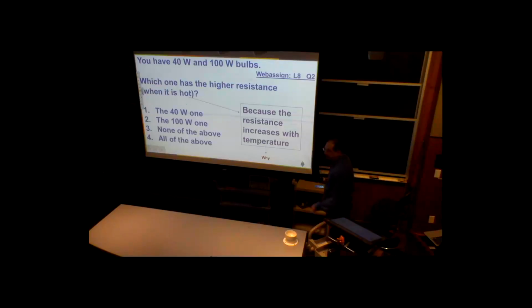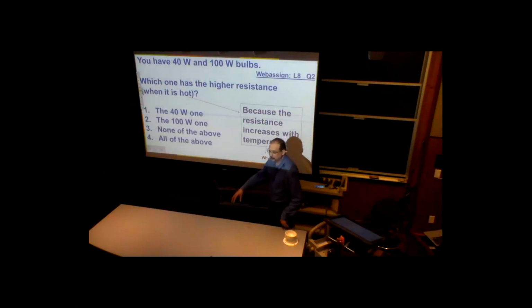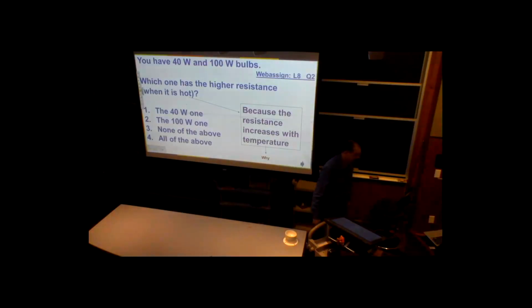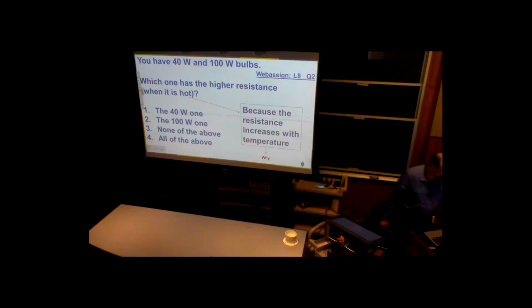Assuming, of course, both bulbs are hot, they reach operating temperature, and the information we've discussed should help you to answer this question.